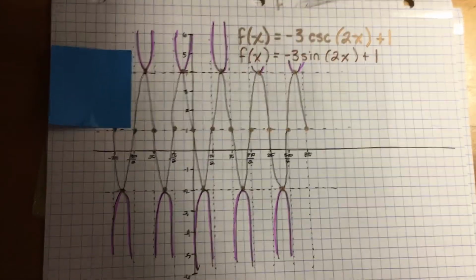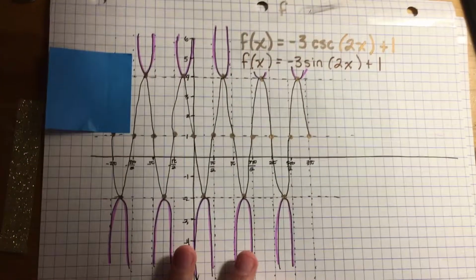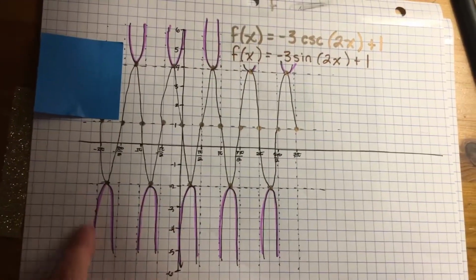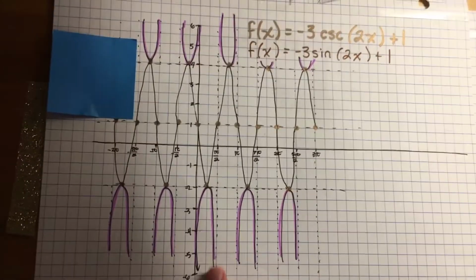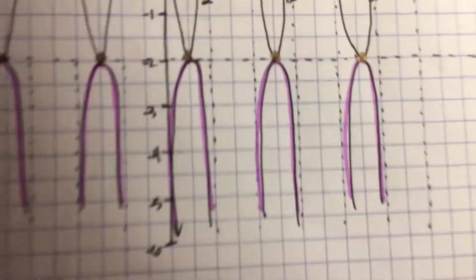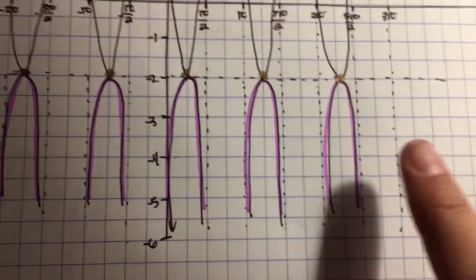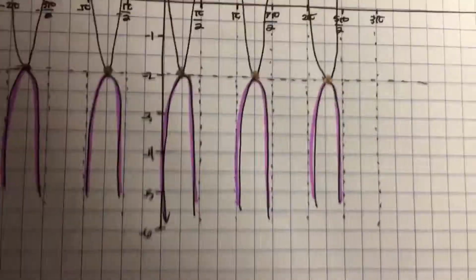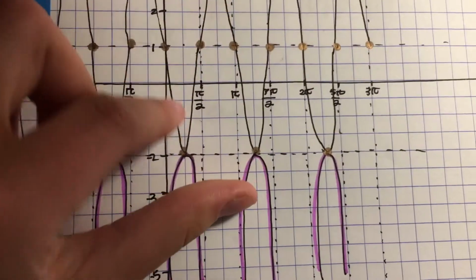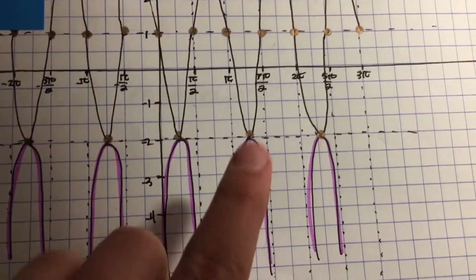So this is what the graph looks like with the cosecant function graphed. These pink lines right here are the cosecant graph, and as we can see, just by analyzing these lines, they meet the point of the sine function, and they stay within these periods.